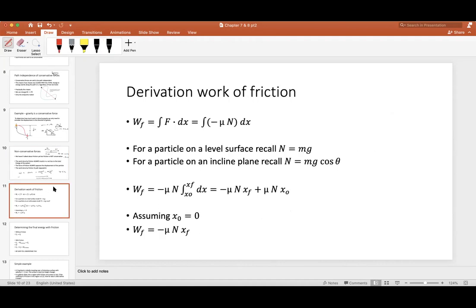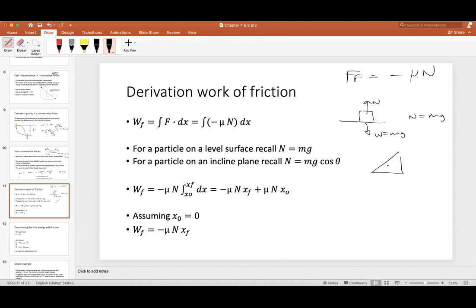So let's talk about our definition of friction. We had from back in chapter 6 that friction was mu times n. We need to remember that on a flat surface, n is up and weight is mg. Therefore, n is mg on a flat surface.